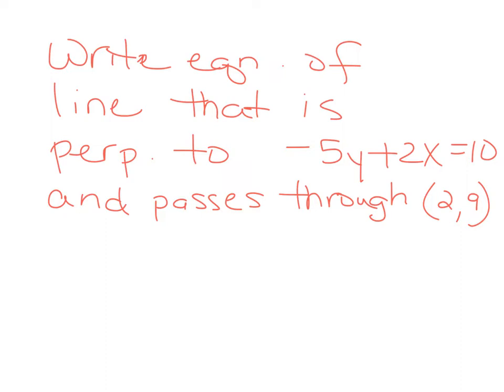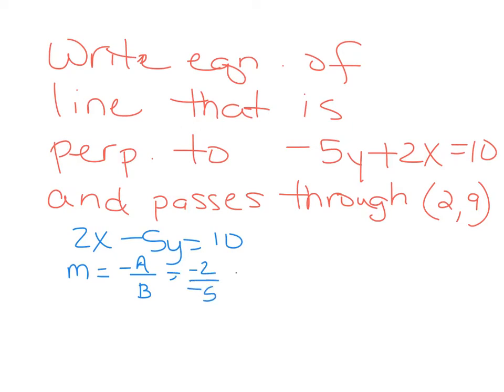First I have to put the given line in correct standard form, which is 2x minus 5y equals 10. The slope of this line is negative a over b, which is negative 2 over negative 5, which is 2/5.